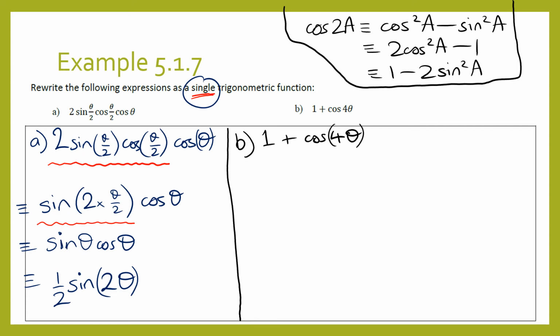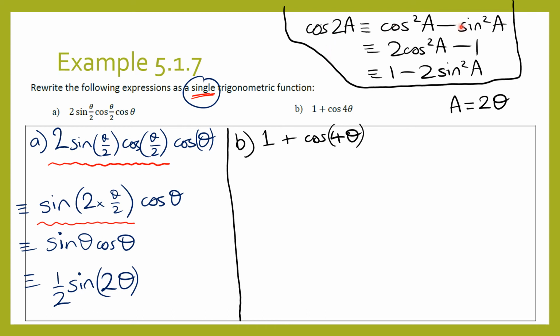Right, I hope you've had a real good go at that. Because it's cos, then I'm going to be looking at the double angle formulae for cos. There's 3 options here, and whichever option we choose, we're going to let A equal 2 theta. Because if A is 2 theta, then we've got cos of 2 lots of A, or 2 lots of 2 theta, which is where we're going to get 4 theta from.